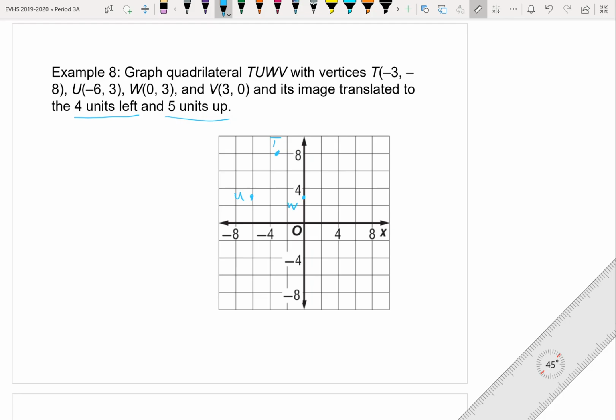And then V is (3, 0). U is (-6, 3). I had to have done that wrong. (-3, -8). I didn't see that negative up there. (-3, -8). There we go. T should be right there.